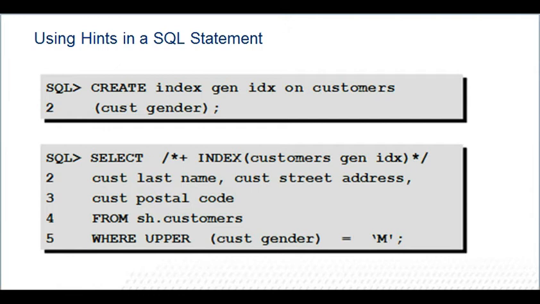For example, in the example given here, there is an index on the cust_gender column of the customer table. There are very few male customers, therefore the statement runs faster using the gen_IDX index. In order to force the optimizer to use the index, it is put in a hint, that is slash star and plus.